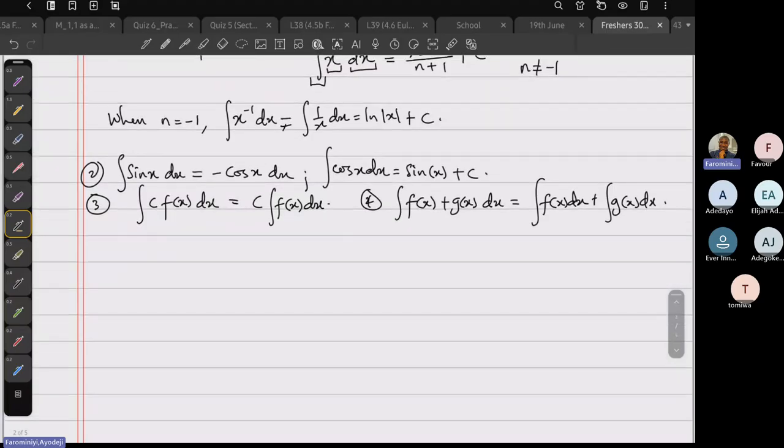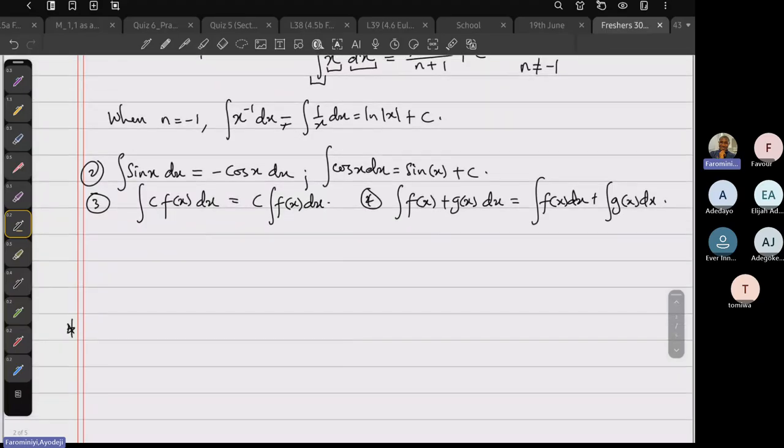So the basic things that we'll see are U substitution, then integration by parts, integration by partial fractions, and trig substitutions.